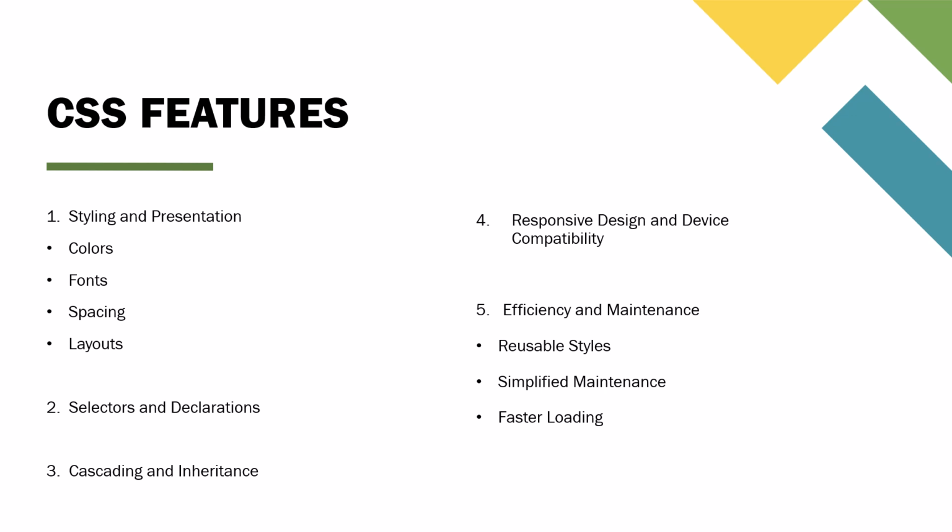Selectors are patterns to select HTML elements, for example, element, class, ID selectors, etc. The other one is declaration. A declaration consists of properties and values, like color blue.